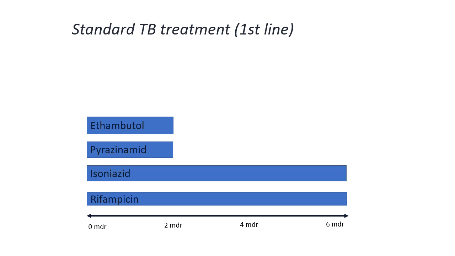Standard treatment for drug susceptible TB includes treatment with 4 drugs for the first 2 months, and then a continuation phase with 2 drugs for another 4 months, giving a treatment duration of 6 months altogether.